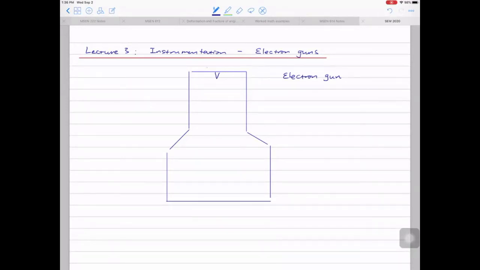Then after electrons, you will see some lenses. That's something we'll cover in details next week. In the specimen chamber, it's pretty simple. So we have the specimen down here. Usually it's mounted on the stub.